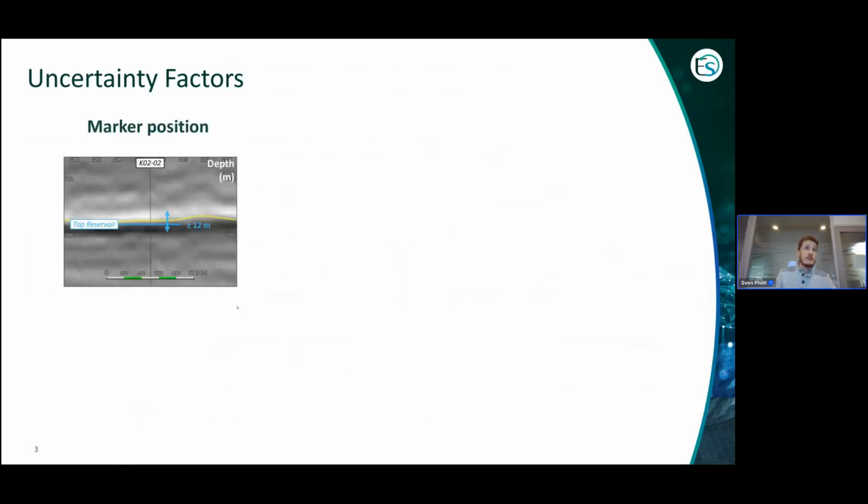As uncertainties, maybe one first uncertainty would be linked to the marker position, so to the definition of where the marker is going to be. Whenever you're logging or getting your instrument down the borehole, you may have some error in there, maybe a gap or a glitch in the actual real position of the formation top you're targeting, and that has to be accounted for.